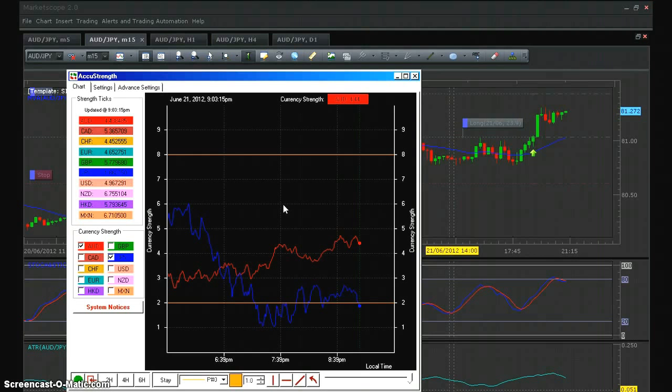Now the average true range really is to measure volatility in the market.